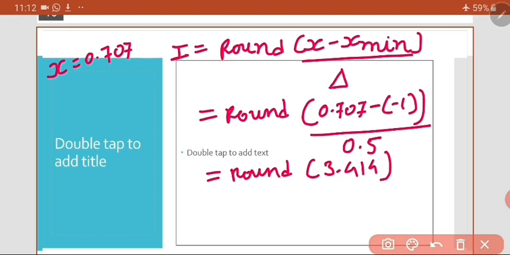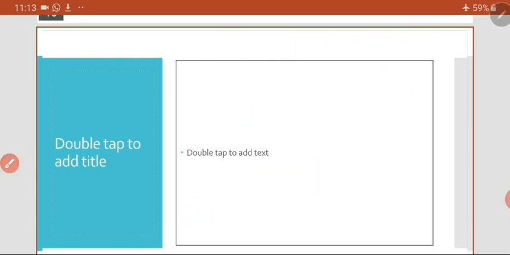Now we have to take the round-off value of 3.414. This value is below 5 after the decimal, so the round of this value equals 3. So for the first sampled value, the index value I is equal to 3.